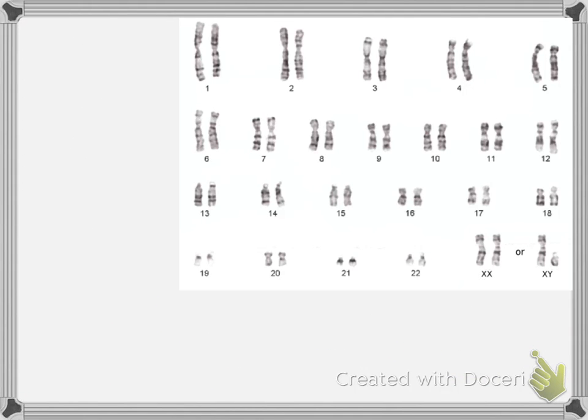This is a karyotype. It is a literal picture of chromosomes. This is some humans' chromosomes. And you'll notice that they're arranged in pairs. So this is pair 1, pair 2, pair 3, pair 4. They are numbered in descending order of size. So the longest chromosomes are pair 1, and the shortest little chromosomes are pair 22.